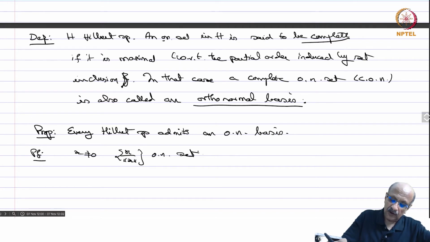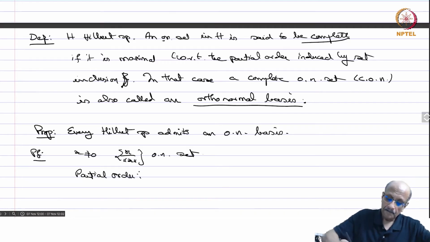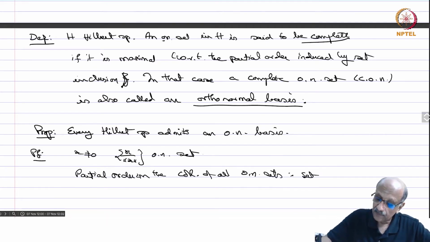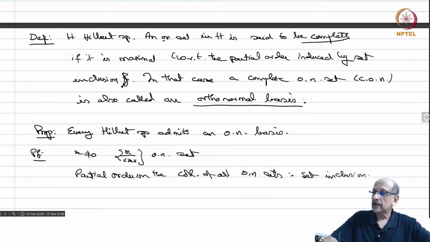The collection of all orthonormal sets is non-empty, and you put a partial order on it, namely set inclusion. So E1 is less than or equal to E2 if E1 is contained in E2.